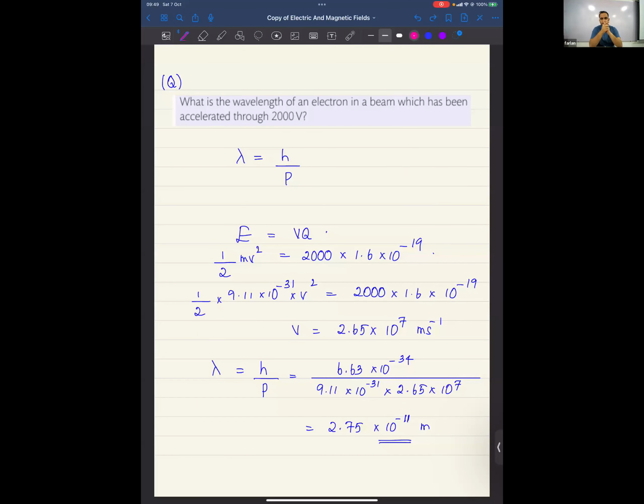Sir, if they give this question without asking for V, can't we use E is equal to p squared over 2m instead? Definitely you can. I didn't want to use it because I have a feeling some people here will be even more confused. I can see some faces here already confused. I don't want to confuse them further, so that's why I just use this method. You can use that and find it, totally fine.